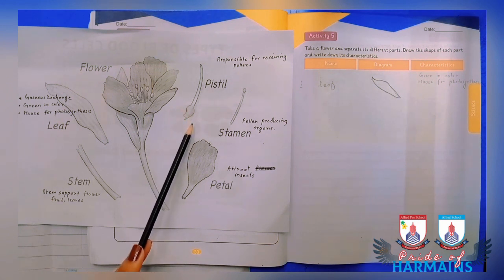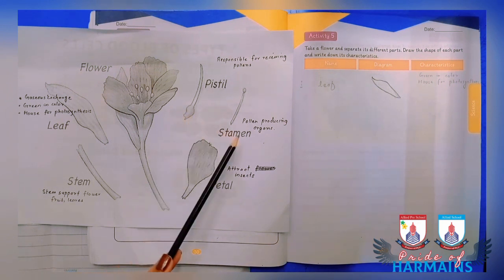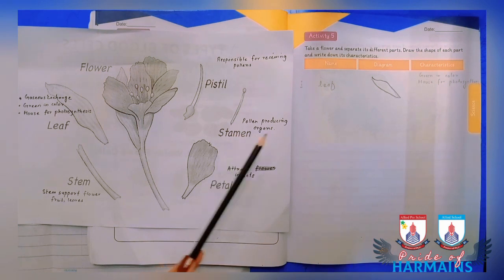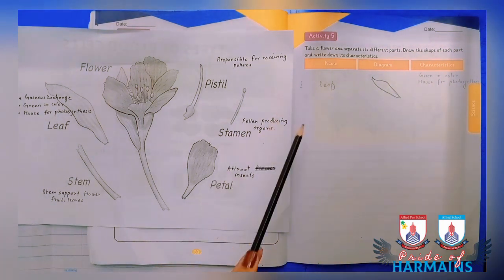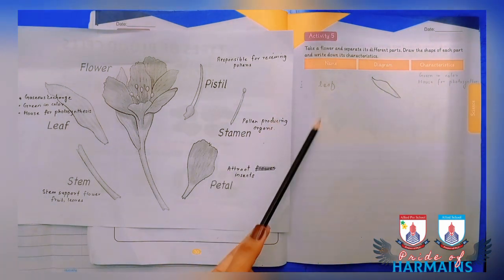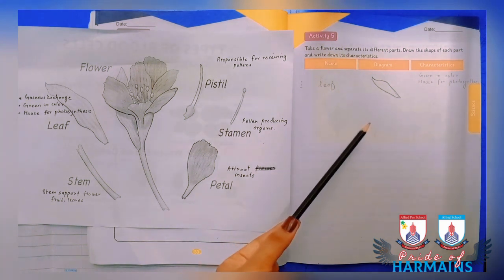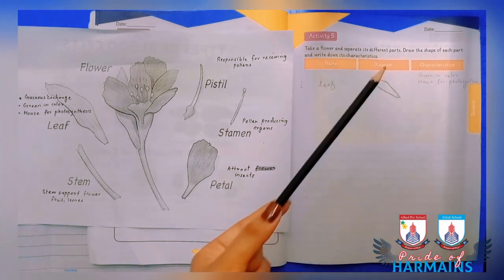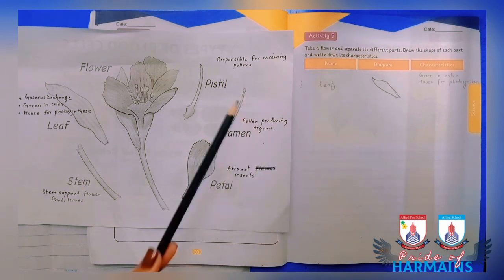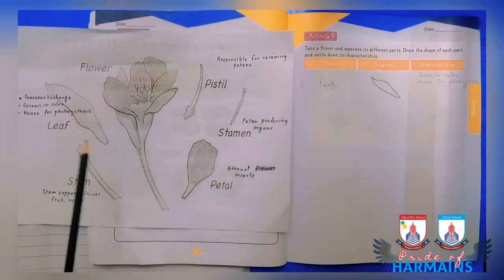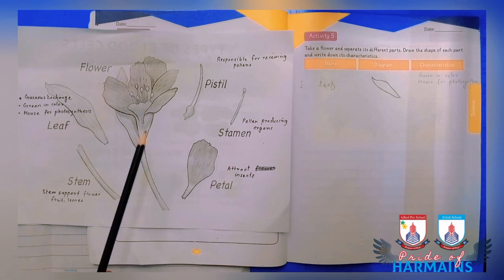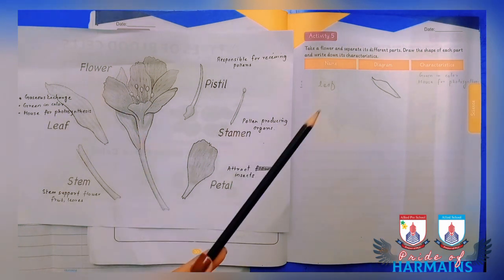Pistil is responsible for the pollen that is being produced by the stamen. So I have mentioned a single part over here, like leaf. You have to draw its diagram and mention its characteristics over here. You can go for these parts and these characteristics, or you can search it on your own.